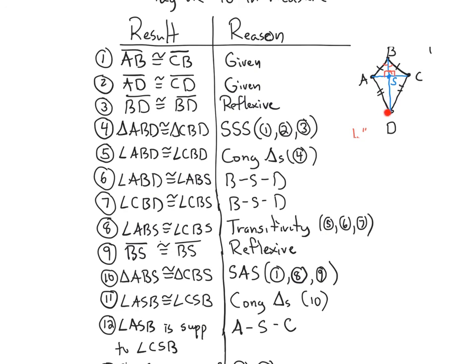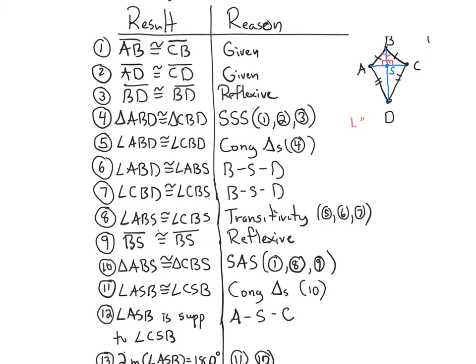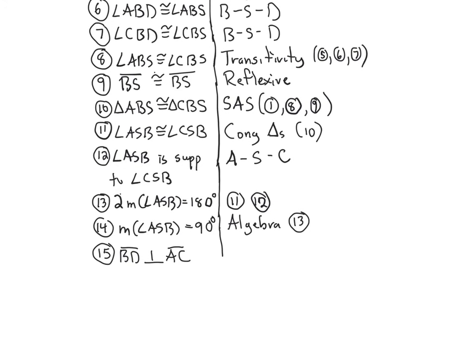So we get that the lines that make up the X have to be perpendicular, of course. And we know that that's the definition of two lines being perpendicular. They meet at a 90-degree angle. So this is the definition of perpendicular. And we made that reasoning from line 14, since we had one of those angles was 90 degrees. And that's what we wanted to show. So we're done, which is fantastic.